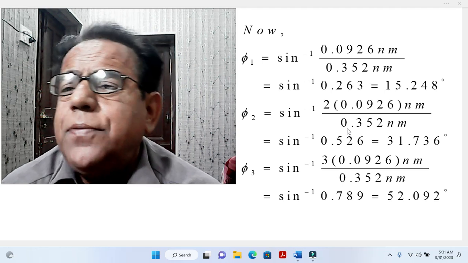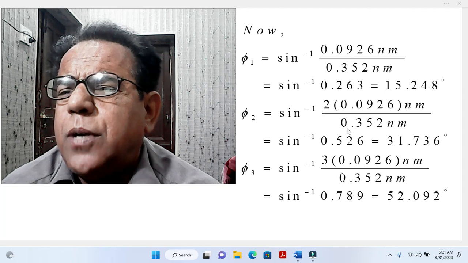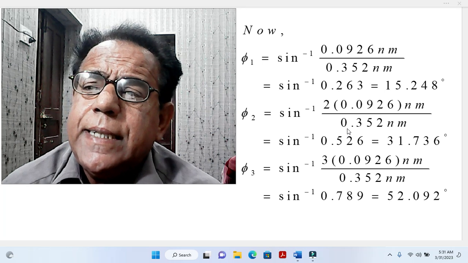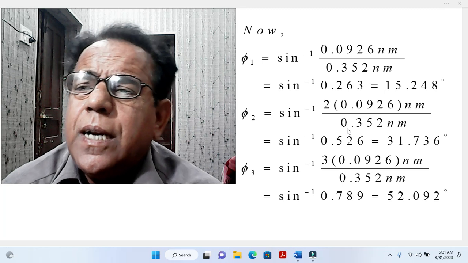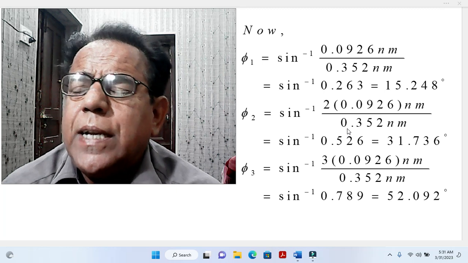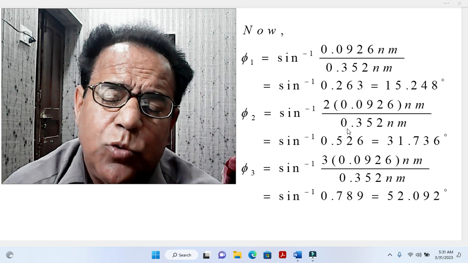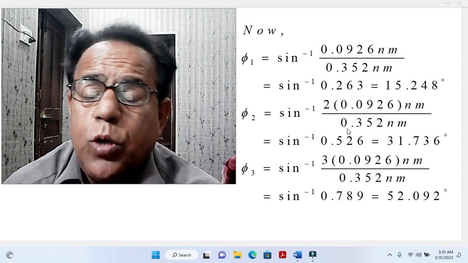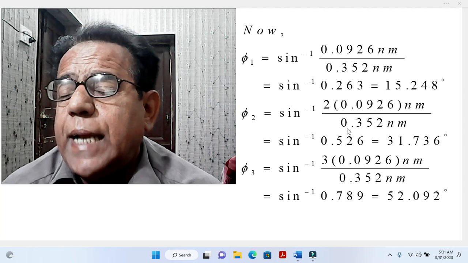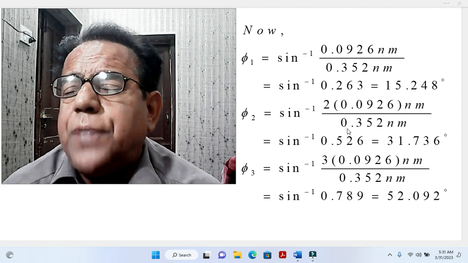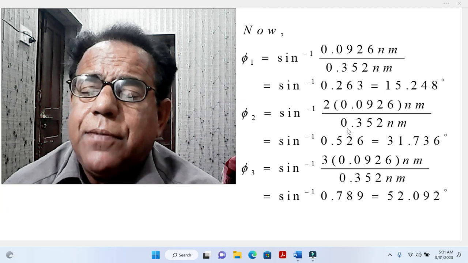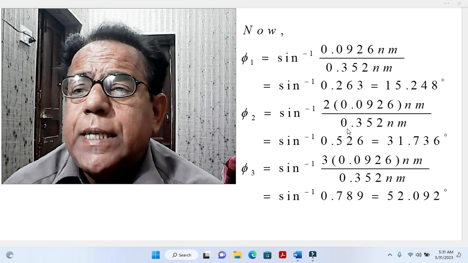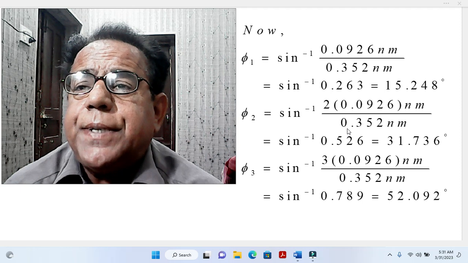Dear students, this value is usually found from a scientific calculator. In 1983-84, I very clearly remember, I was using the FX82 calculator. In 1983, 84, 85, 86, 87, 88, I was using the scientific calculator FX82.